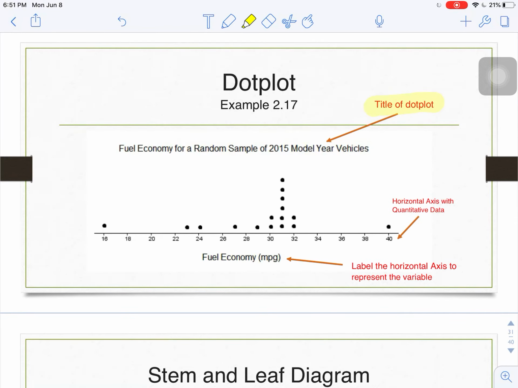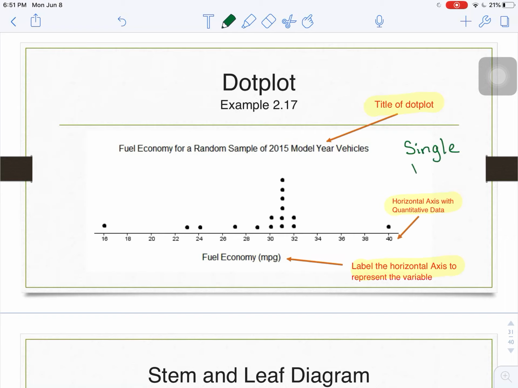When it comes to a dot plot, there are a couple of things that you should be paying attention to. You need to title your dot plot. You need to have your horizontal axis with quantitative data. You need to label the horizontal axis as well.